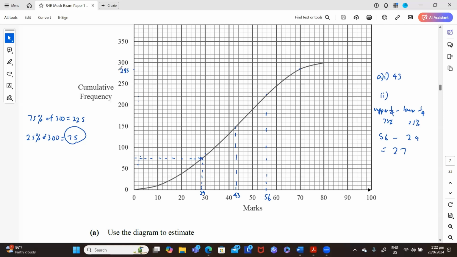From 285 to 300, these are the students that scored 70 or more, which means 15 students. So take 15 over 300 times 100%, that will give you 5%. The answer is 5% for part B.